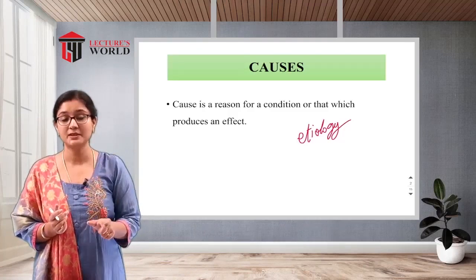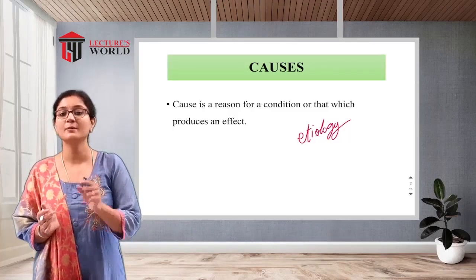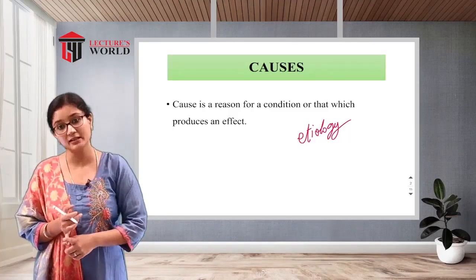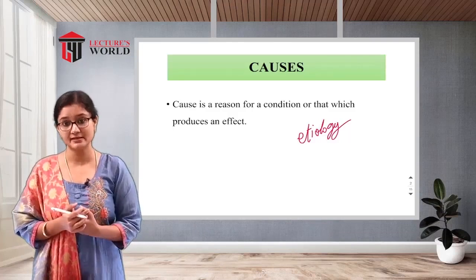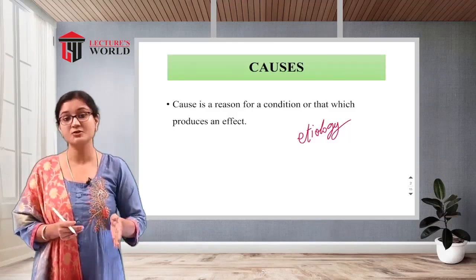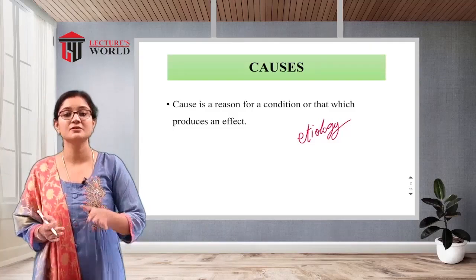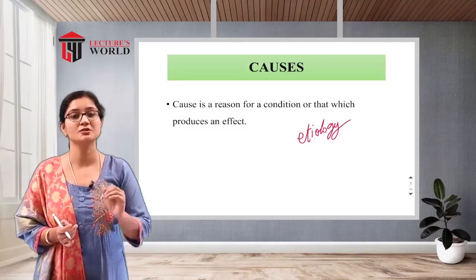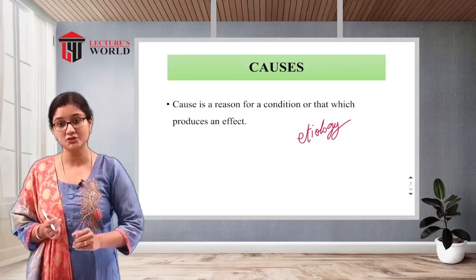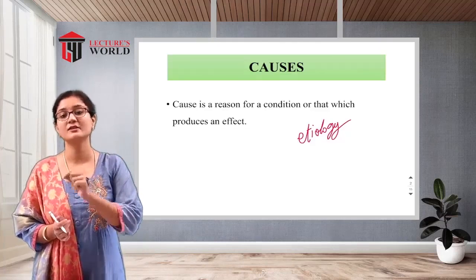Cause is nothing but the main reason for a particular disease condition or illness, or it may also be said as that which produces an effect, some effect which is seen. So in medical terminology we can say cause is nothing but an etiology, a reason for a disease condition.